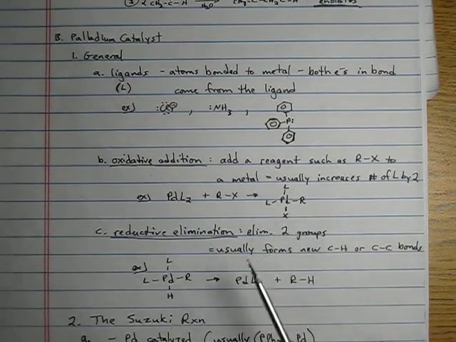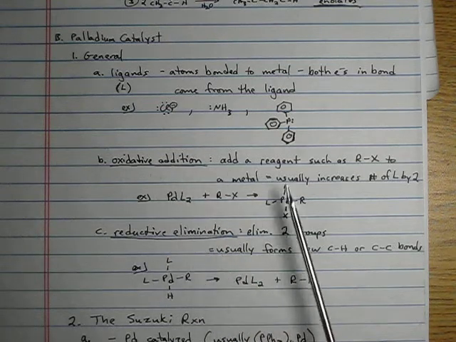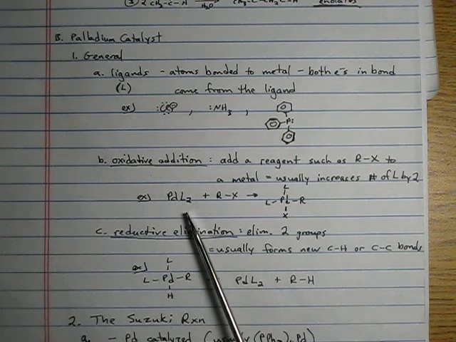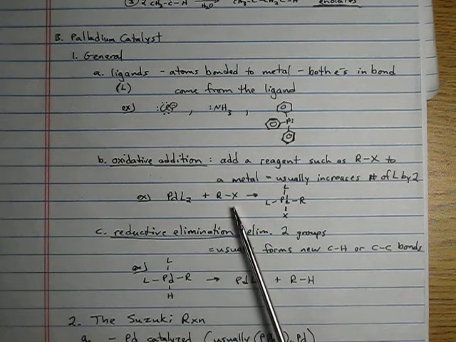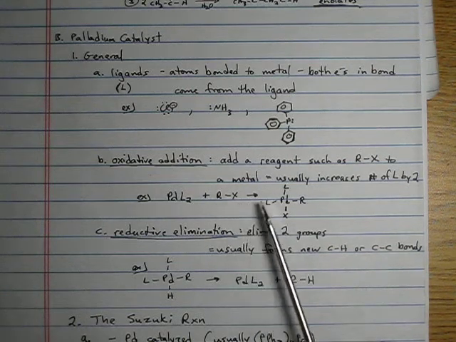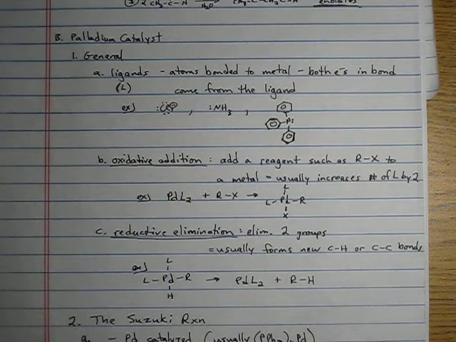Now, when you have these complexes with these palladium catalysts, you can get oxidative addition, where you've got the palladium with 2 ligands on it. If you add just RX, you will find that the R group and the X group, this bond breaks, and they each get bonded to that palladium.